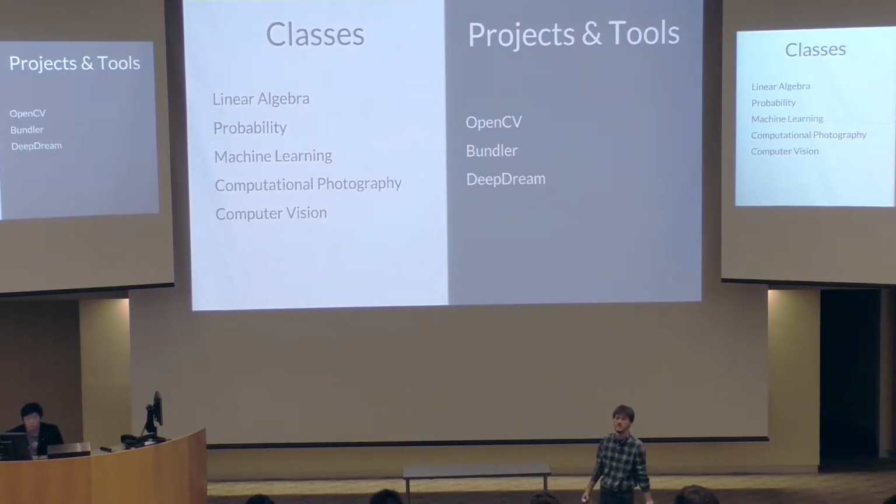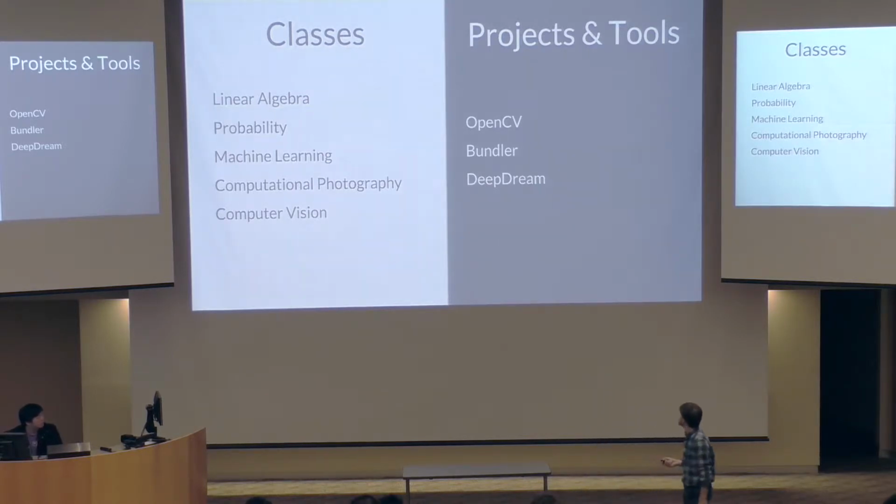You have strange data. Data that may or may not be reliable. Machine learning, like I said, one way to think about computer vision is just machine learning with images. And then two more classes that go 400 levels, but computational photography, which is like Photoshop with more math. And we learned a lot about vision and just the computer vision class itself, which I will be taking next semester.